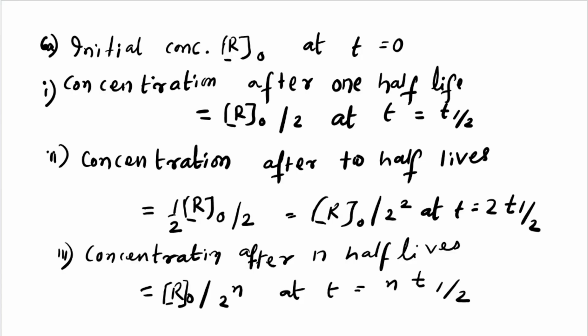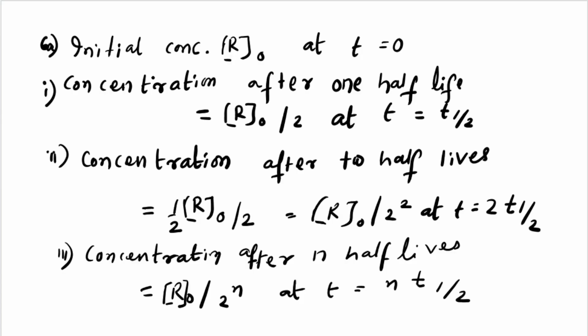So here R0 by 2 is the value; take half of this, R0 by 2, and it equals R0 by 2 square. 2 square means here t equals 2 t half. That is 1 t half, this is 2 t half.